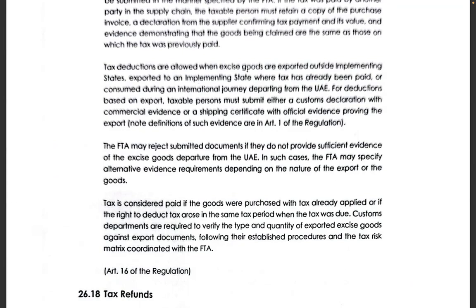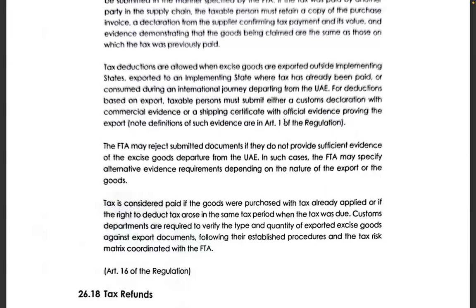Tax deductions are allowed when excise goods are exported outside implementing states, exported to an implementing state where tax has already been paid, or consumed during the international journey departing from the UAE. For deductions based on export, taxable persons must submit either a customs declaration with commercial evidence or a shipping evidence.